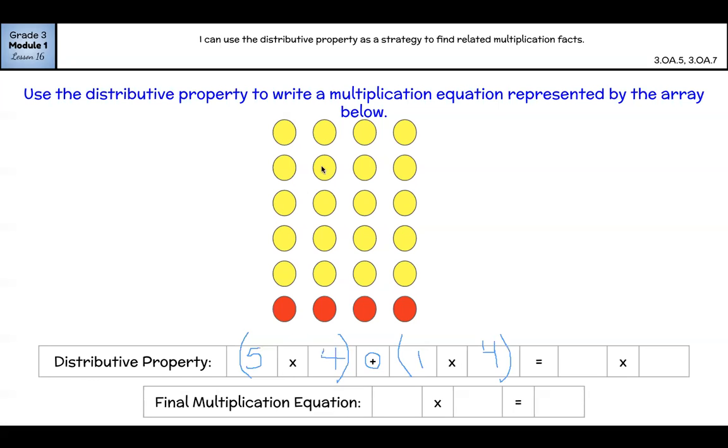So we're adding these 5 fours plus one more 4, and that ends up being 6 groups of 4 or 6 fours. Well, the final multiplication equation would be 6 groups of 4 right here. 6, 12, 18, 24, and that would be 24 as your total.